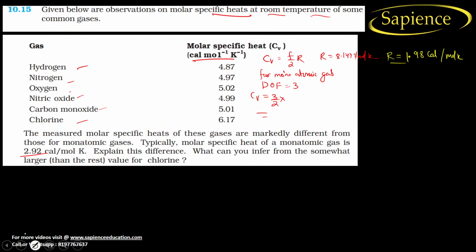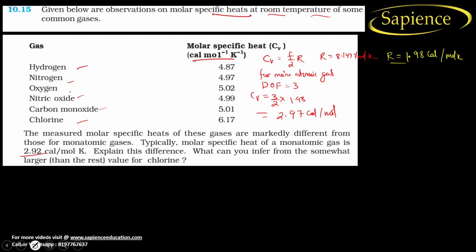So let us do the same. So this will be 1.98, and when we multiply, our value of Cv will be approximately equal to 2.97 calorie per mole. Okay.